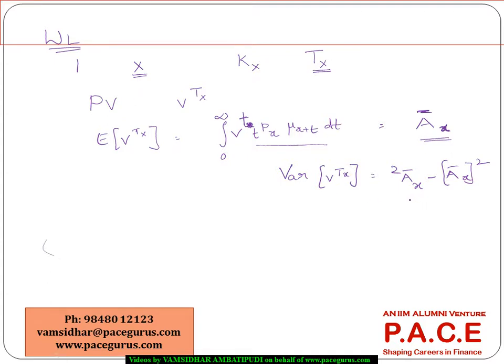When I talk about Ā_x with a 2 in front of it, it's as good as computing the expected present value by taking the interest rate as (1+i) squared minus 1. The only difference between payment at the end of the year versus immediate payment is a bar on top of the symbol for the expected death benefit as well as in the computation of the variances.